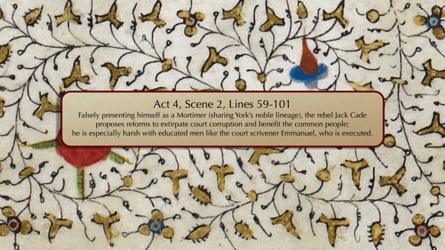And I think we're supposed to see that. I think it shows Shakespeare's own hesitance to accept or approve of popular revolts as an answer to the grievances of the people. Shakespeare is often very suspicious of mobs.